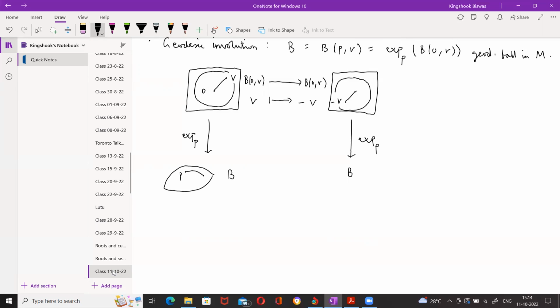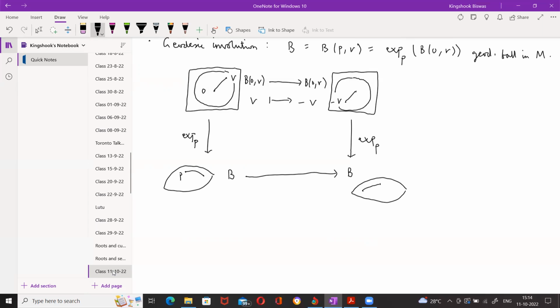Then I have the exponential mapping, which is a diffeomorphism. So I can conjugate this map, V goes to minus V, to get a map from the ball to the ball, right?